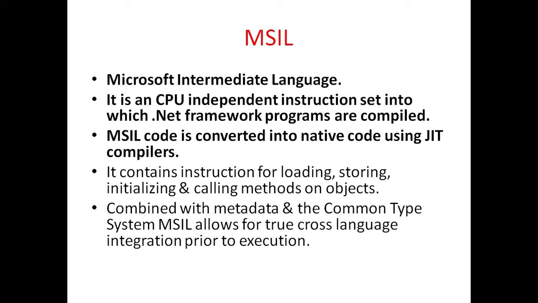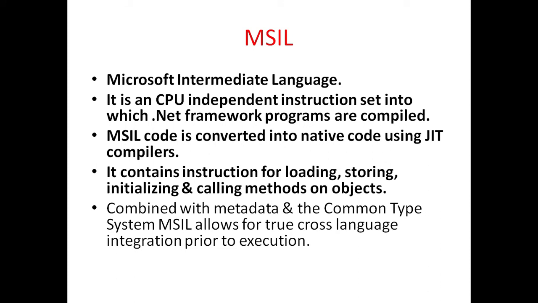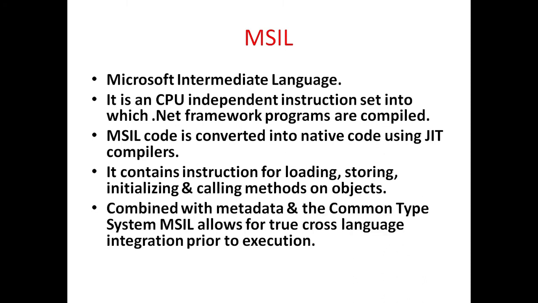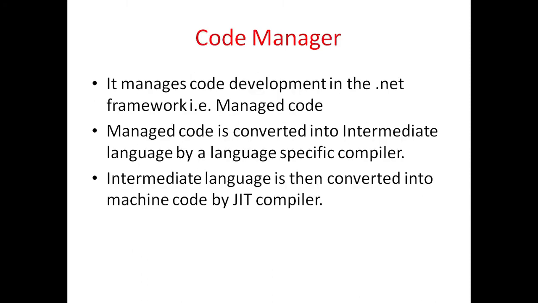MSIL contains instructions for loading, storing, initializing and calling methods on objects. Combined with the metadata and the common type system, MSIL allows for true cross-language integration prior to execution.